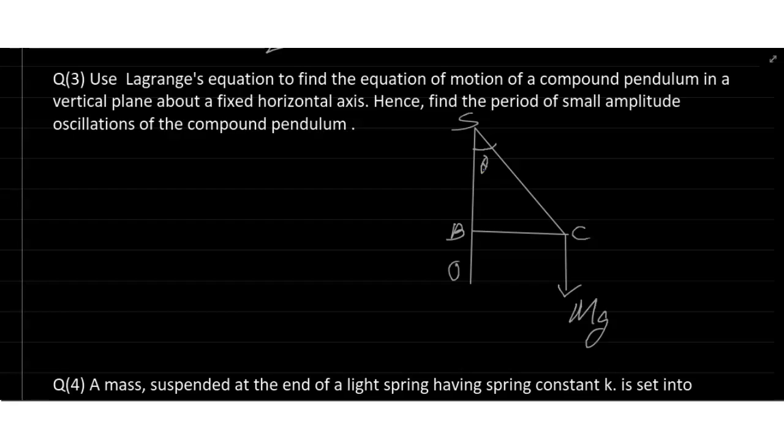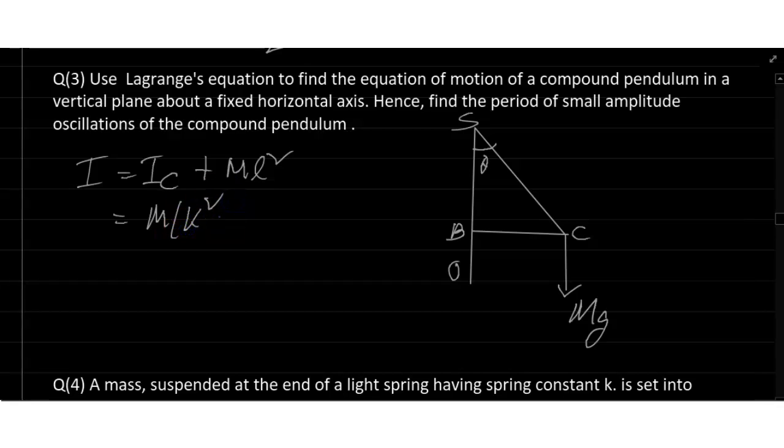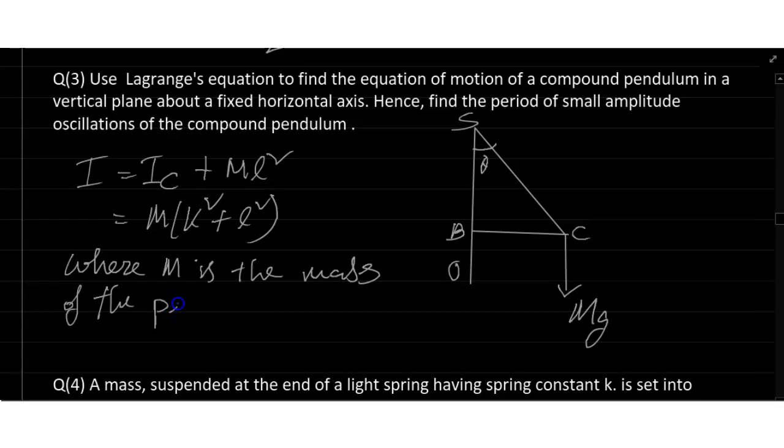It is oscillating in the vertical plane, which is the plane of the paper. The moment of inertia of the pendulum about the axis of rotation S is given by I equals IC plus M L square, by the theorem of parallel axis, and it can be written as M (K square plus L square), where M is the mass of the pendulum.